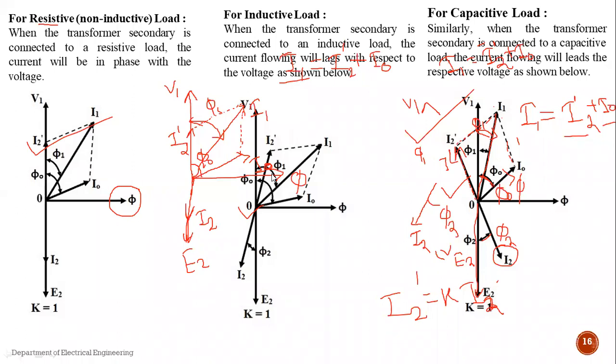So today we will discuss the next point, that is losses and efficiency. Before that, tell me, is there any doubt on how to draw the phasor diagram? Give me a reply.